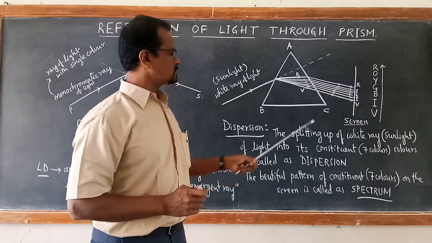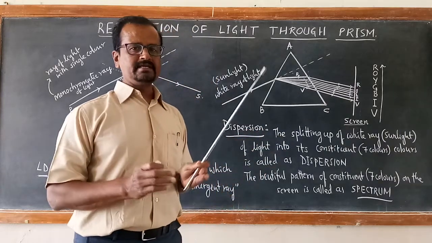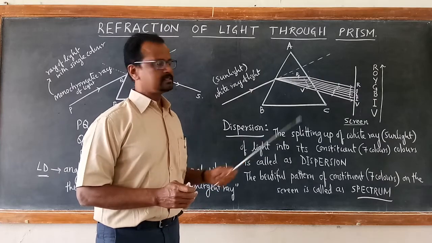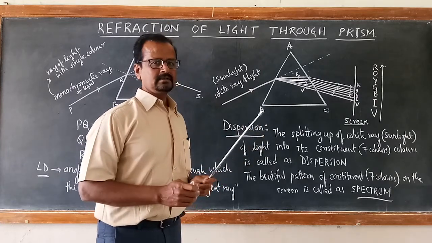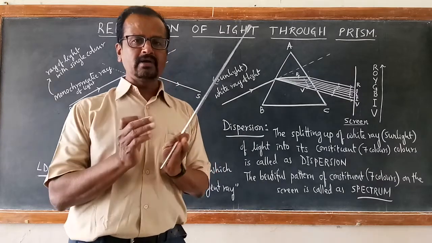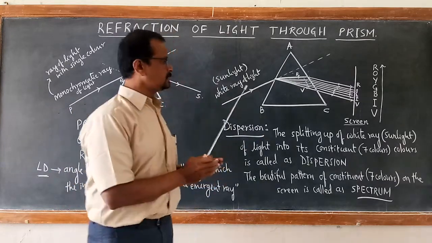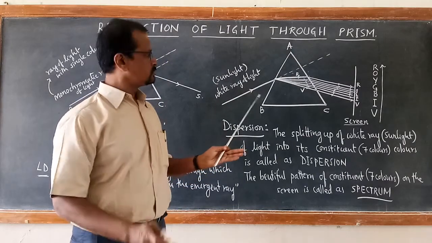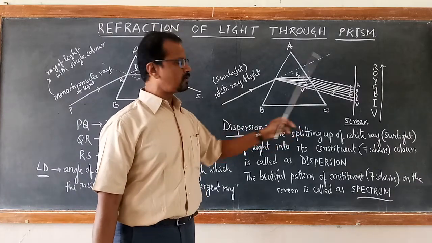It happens because every color which appears here finds different value of refractive index of the glass. The glass shows different value of refractive index for different colors. As a result, the ray of light bends with different angle of deviation to form a spectrum.